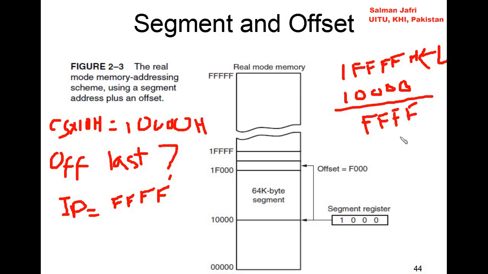So this value comes out to be 64K. Hence we say that the length of each segment is 64K because each offset register is 16 bits. If you would increase the size of the offset register, then the length of this segment would also increase. And this is in fact an approach that is taken by Intel.